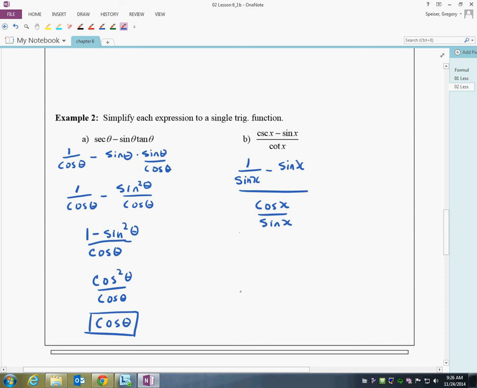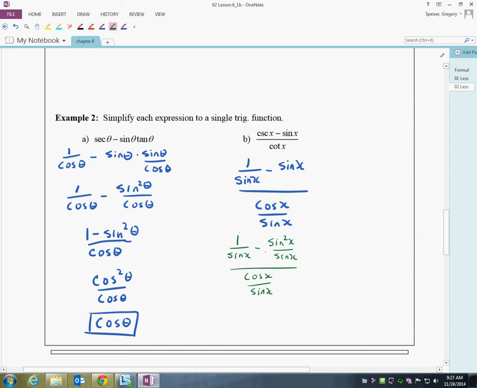All right, so you see how it's going to be pretty similar to what happened on the left-hand side here. Looking at this numerator part, I've got this sine x here. If I need to combine these two fractions, it's going to be sine squared x over sine of x. So I'm just going to switch to a smaller pen. 1 over the sine of x minus sine squared of x, all over the sine of x, all over cos of x over the sine of x.